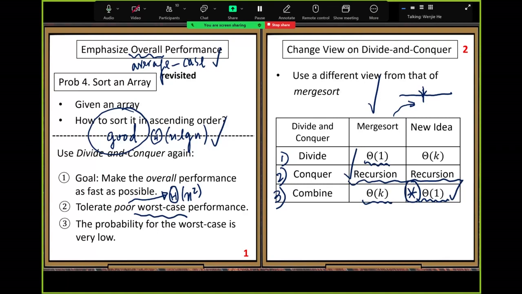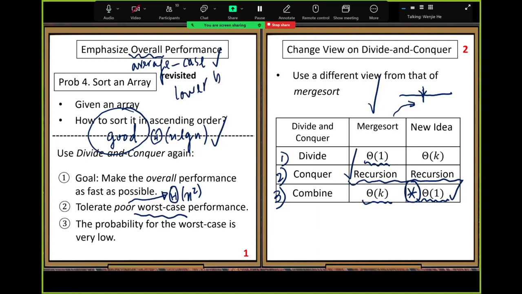It's impossible because we know sorting, as a whole task, should take a large amount of work. Especially think about what we learned in the last lecture, the lower bound.